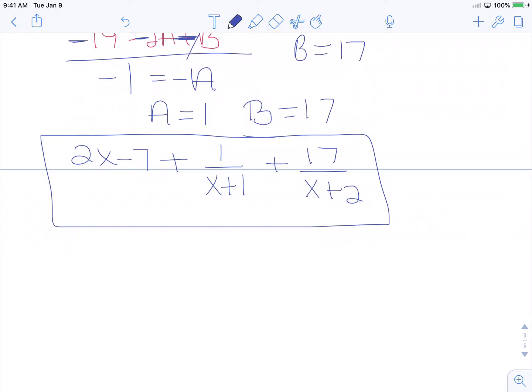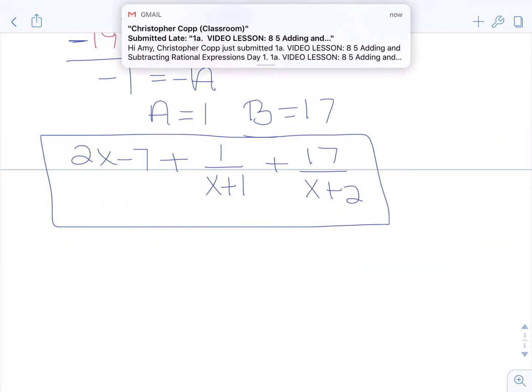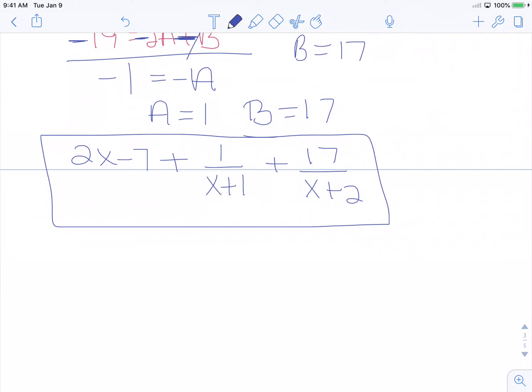So in Honors Algebra 2 right now, we're actually doing problems exactly like our answer. The answer that I just found is what we're doing right now in Honors Algebra 2, where we're getting a common denominator, combining it together to go back to what our original problem started with. So you've come full circle now from last year in Honors Algebra 2 at this time to now this year in Honors Pre-Calc.